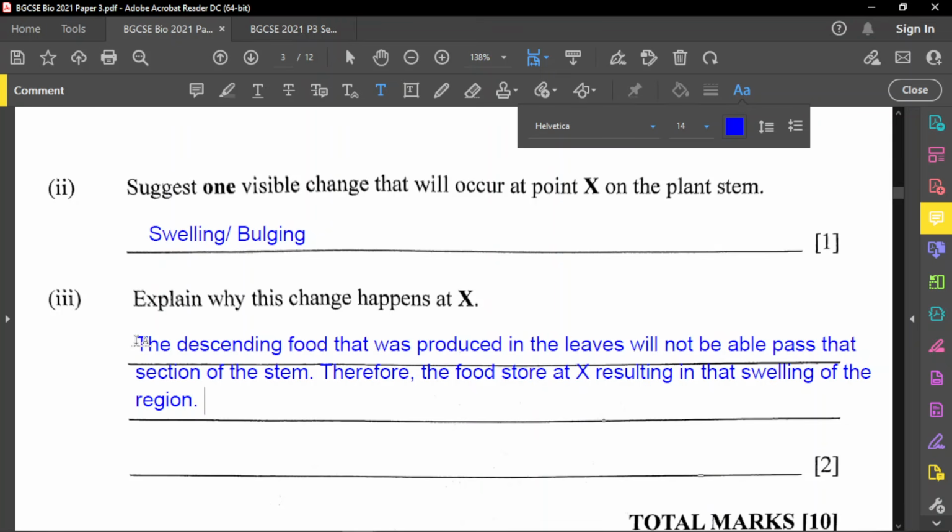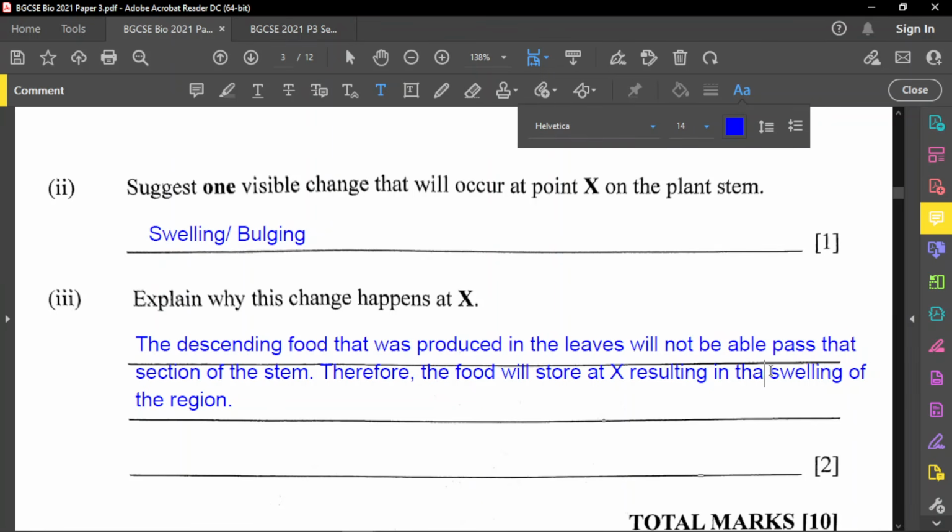So therefore the food will store at X. I can put it right here: the food will store at X, resulting in the swelling of the region.